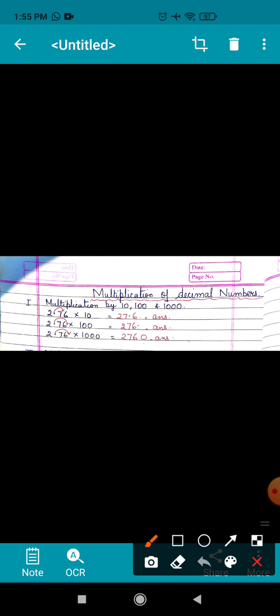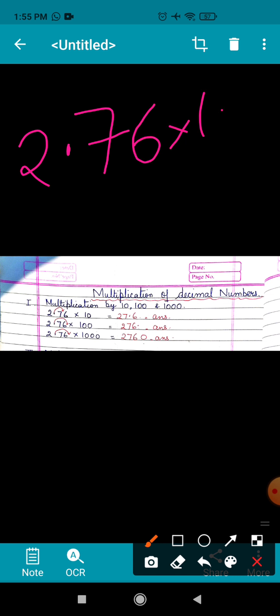Okay, now the next example, the same number, 2.76, multiplied by 1000. Here what do you see? 3 zeros in the multiplier. So here how many steps will the decimal shift towards the right side? 3 steps. Here you can see after the decimal only 2 digits are there. So for the third digit, what will you do?